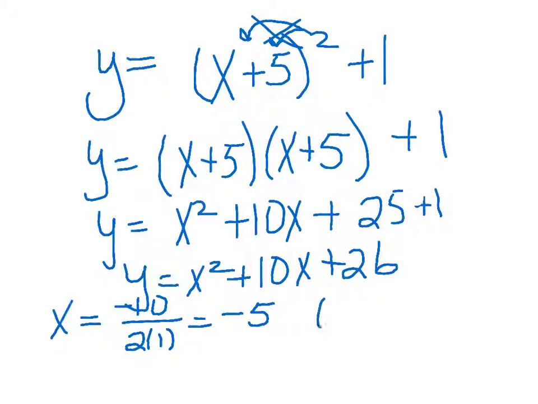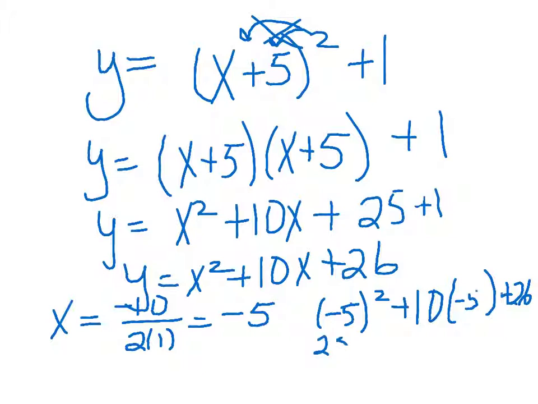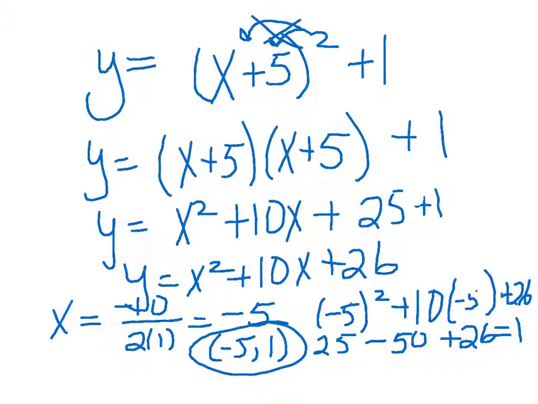Negative 5 squared plus 10 times negative 5 plus 26: negative 5 times negative 5 is 25. 25 minus 50 is negative 25. Negative 25 plus 26 is 1. So my vertex is negative 5, positive 1.